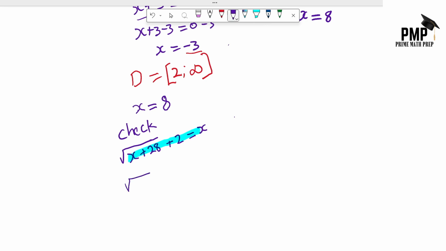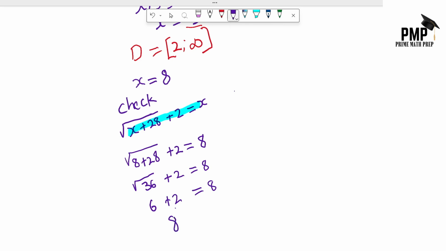This will now be root of 8 plus 28, plus 2, equal to 8. 28 plus 8 is 36. Root of 36 plus 2. Will this give us 8? Let's find out. Square root of 36 is 6, plus 2 equal to 8. 6 plus 2 is 8, equal to 8.